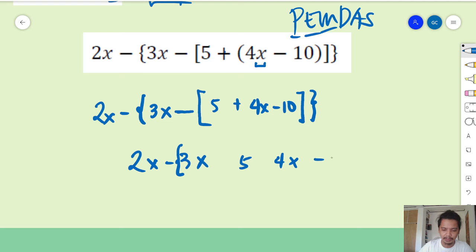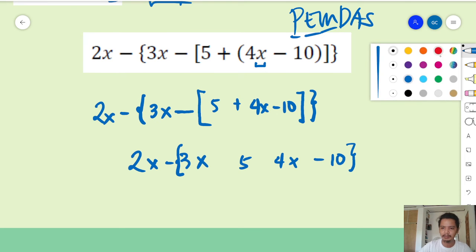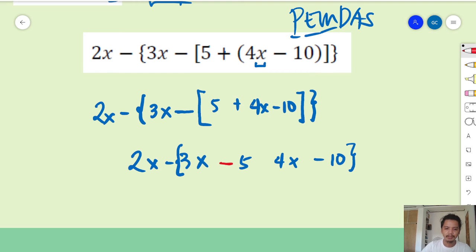Kailangan ko ilagay yung minus 10. Minus 10. Okay? So, natanggal na yung bracket, pero kailangan nating palitan yung mga symbols. So, yung positive 5 magiging negative 5. Yung positive 4x magiging negative 4x. At yung negative 10 magiging positive 10.